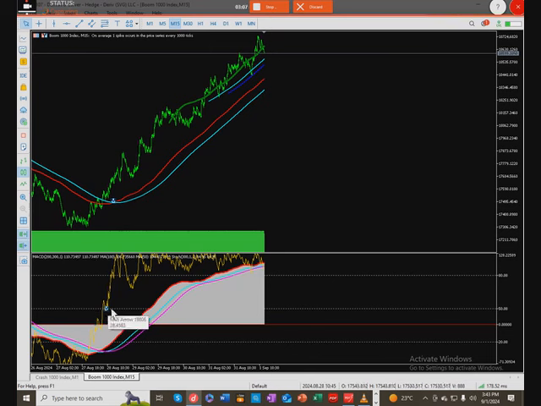And now when it crossed there, we check again for the breakout of the MACD.